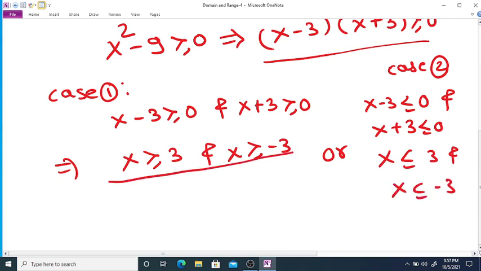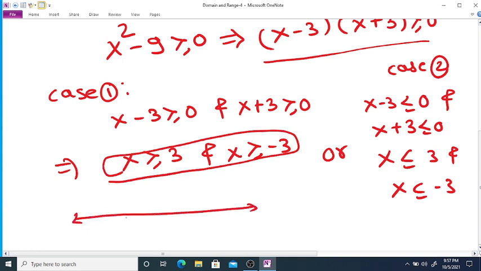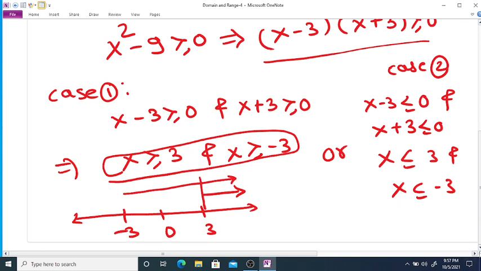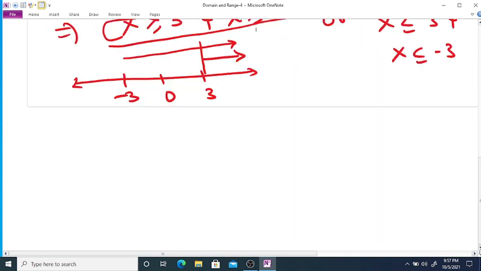Now for x ≥ 3 and x ≥ −3, suppose this is the real line with −3, 0, 3. So x ≥ 3 is this part and x ≥ −3 is this part. What is the intersection of these two? Since it is an AND, we get x ≥ 3.